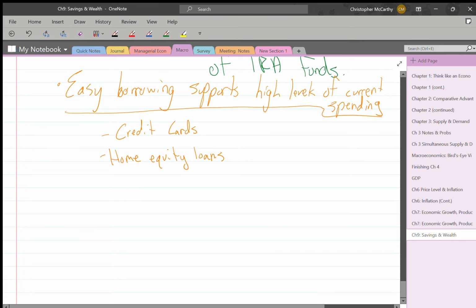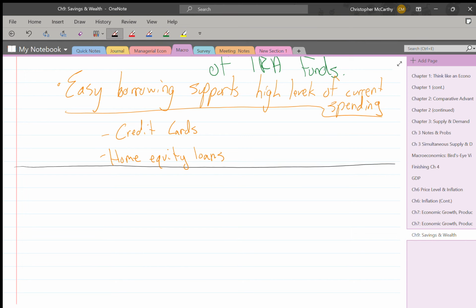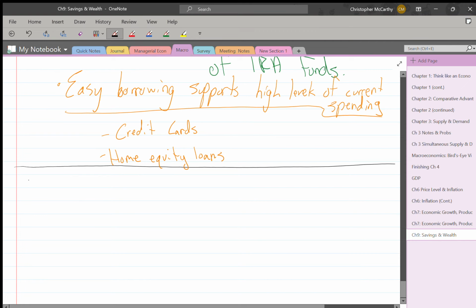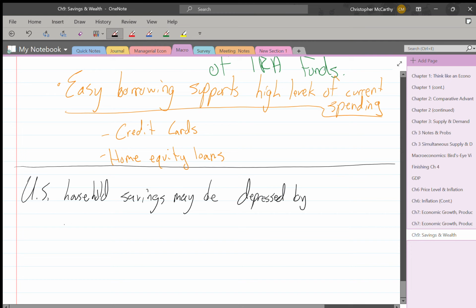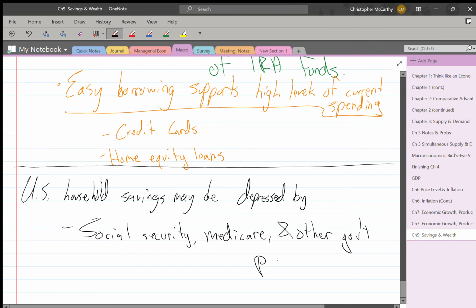Let's try to explain some of the reasons that we've got a depressed household rate of savings in the United States. So U.S. household savings may be depressed by Social Security, Medicare, and other government programs for the elderly.